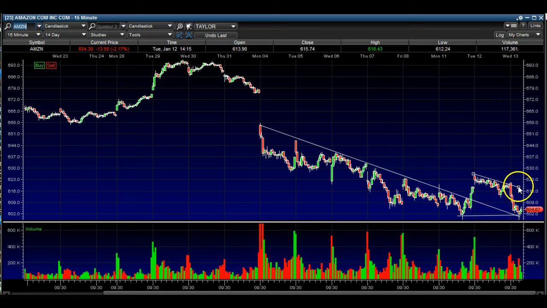So keep that line in mind as well, and a break over that will definitely signal to me that Amazon can head higher. We've got that resistance from all these candles right there, and the low of this candle right there, right around 612, and that's going to match up perfectly with that downtrend line.